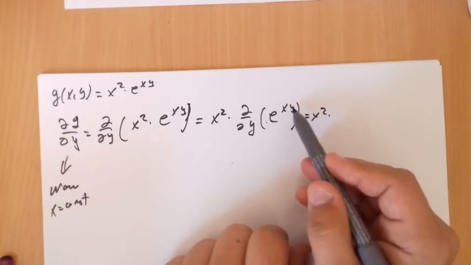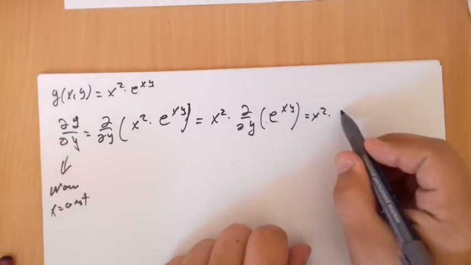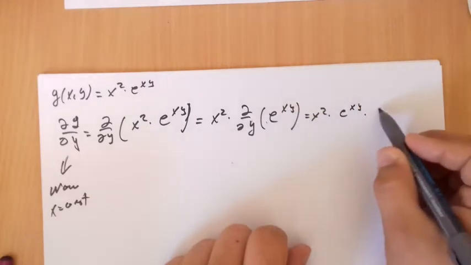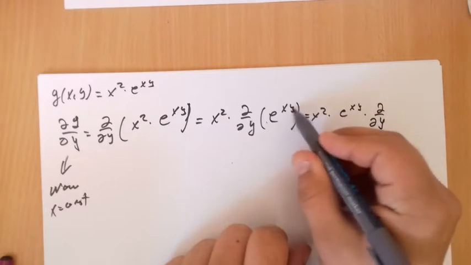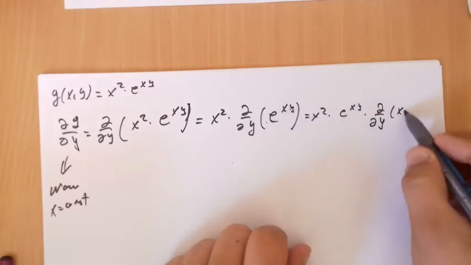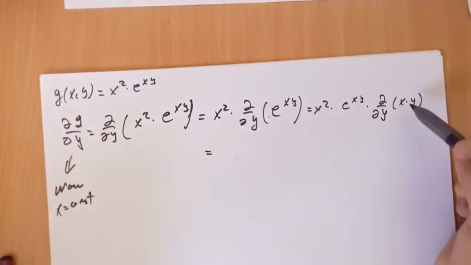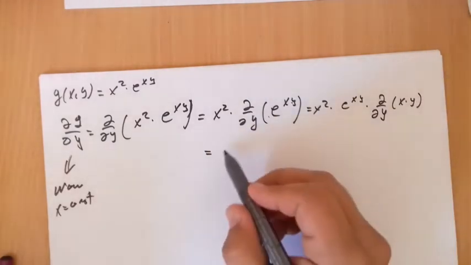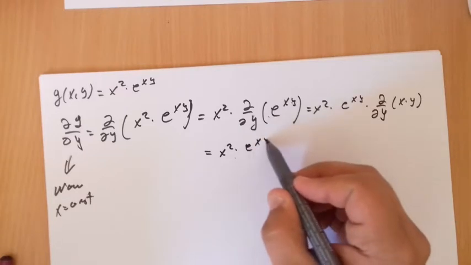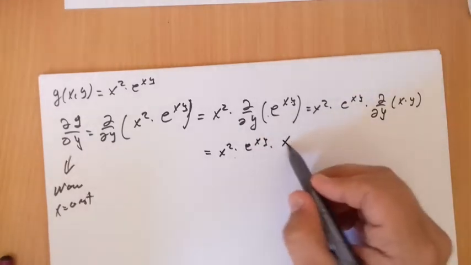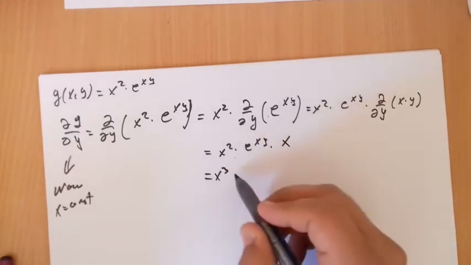So the derivative of e to the xy is e to the xy, but we have to take the derivative of this argument here, which is xy. So now the x is a constant, so x squared times e to the xy times x, which is x cubed e to the power xy.